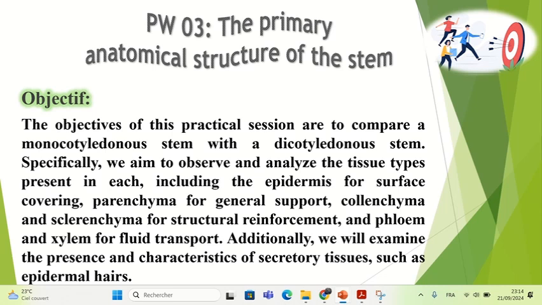Specifically, we aim to observe and analyze the tissue types present in each, including the epidermis for surface covering, parenchyma for general support, collenchyma and sclerenchyma for structural reinforcement, and phloem and xylem for fluid transport. Additionally, we will examine the presence and characteristics of secretory tissue, such as epidermal hair.